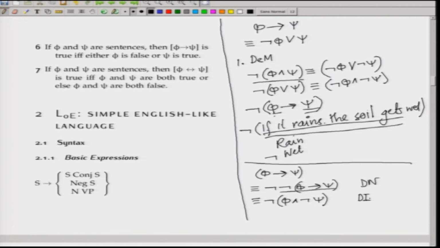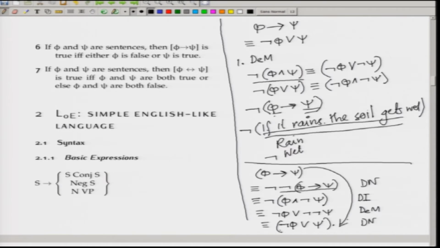Now what is the next step? We apply De Morgan's to it, and then we get neg phi or neg of neg psi. So it is just De Morgan's, and we know that neg neg psi means psi, once again the rule called double negation. So from that we can arrive at this in a few steps. So this is what is done.